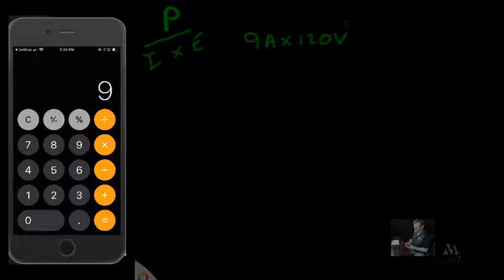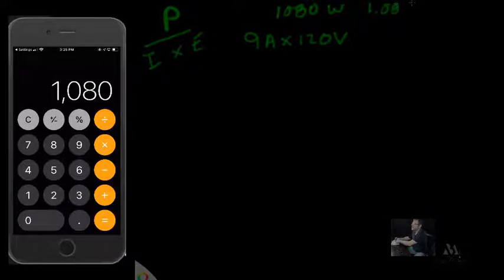So 9 times 120 is going to equal 1,080 watts. So our P is going to be 1,080 watts. Now if we change it to kilowatts, we have to move the decimal place over 3 places, 1, 2, 3, and that would be 1.08 kilowatts.